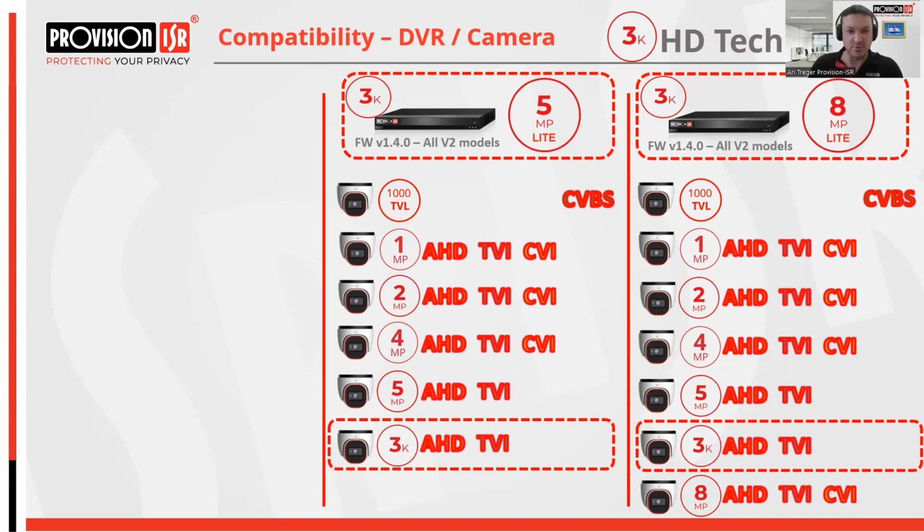So just to say that again, all V2 models as of September 2024, all 5 megapixel and 8 megapixel V2 models support firmware version 1.4.0, which does support the 3K resolution. So if you've got any one of these models with older firmware, all you need to do is simply upgrade to 1.4.0 to get compatible with 3K cameras.